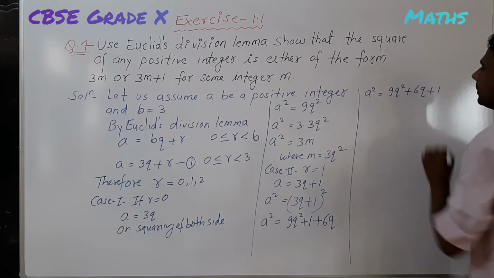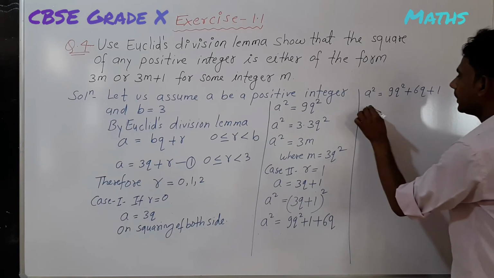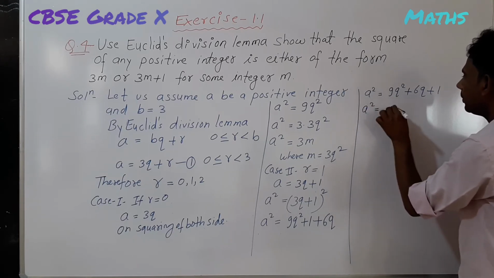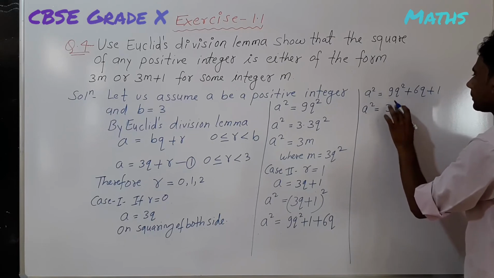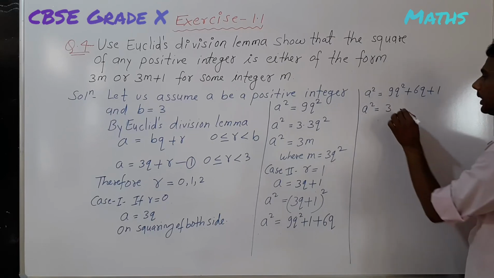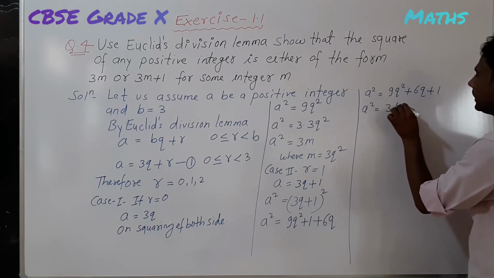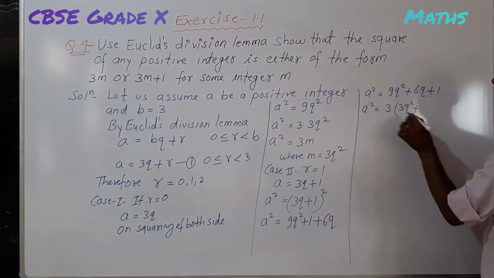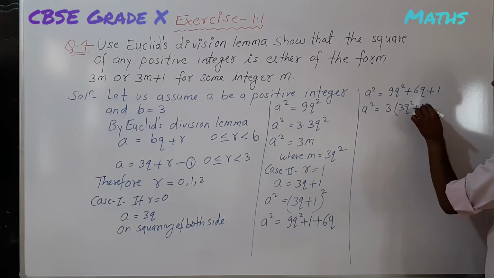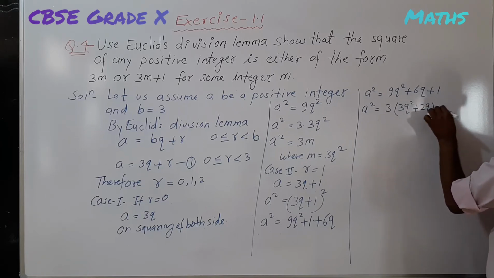In the first two terms, 3q is common. Taking 3 as common, it will be 3 times 3q square plus 3 times 2q, plus 1.